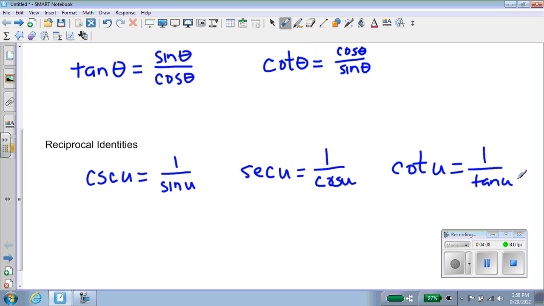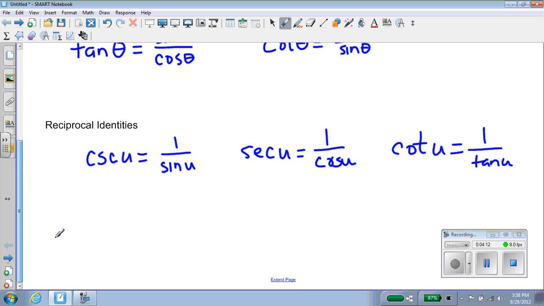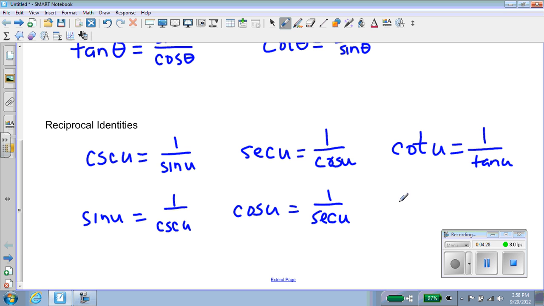It would also be true that sine of u is 1 over cosecant of u, and cosine of u is 1 over secant of u, and tangent of u is 1 over cotangent of u.